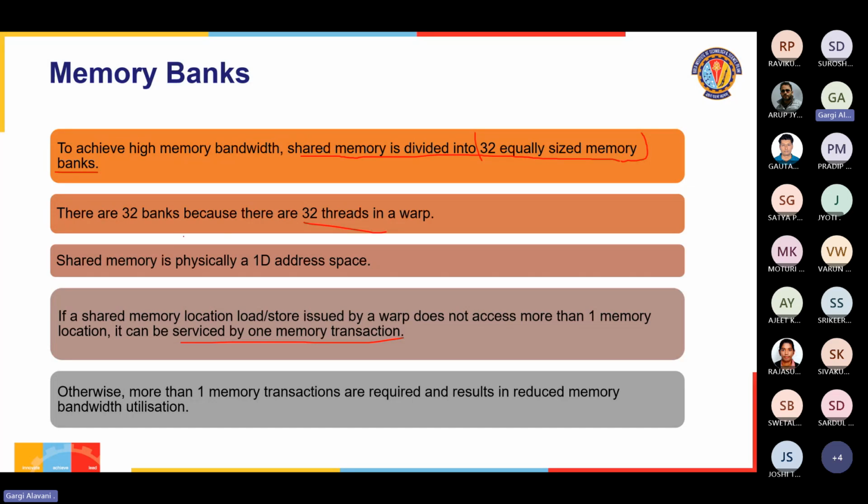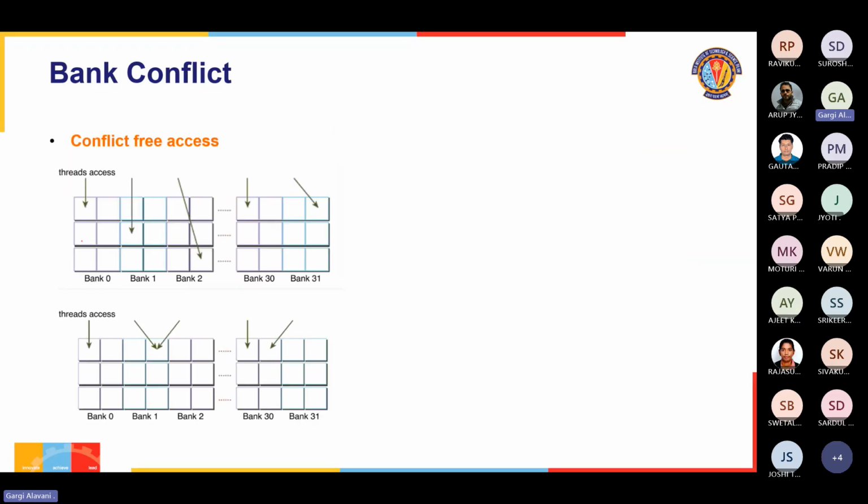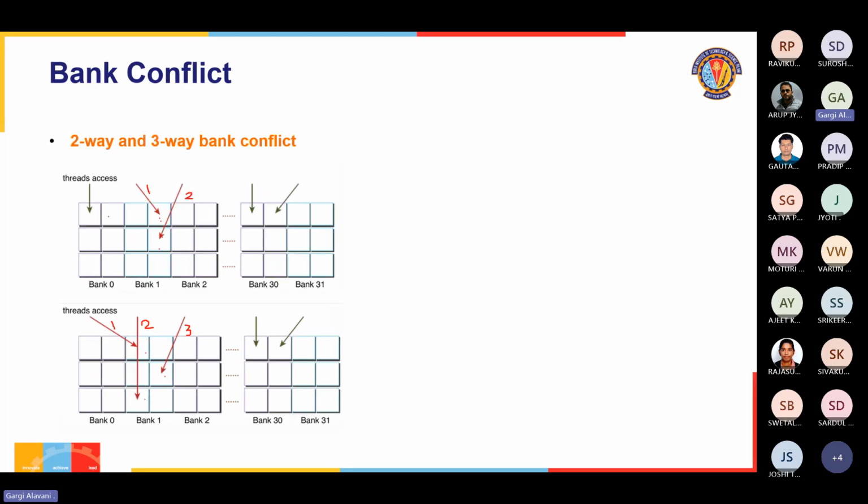Now, these 32 banks can be accessed by your threads, and if the parallel accesses are happening to different banks, then there is no conflict. These accesses can happen simultaneously in the same cycle. But what if you are trying to fetch data from the same bank in the same cycle?